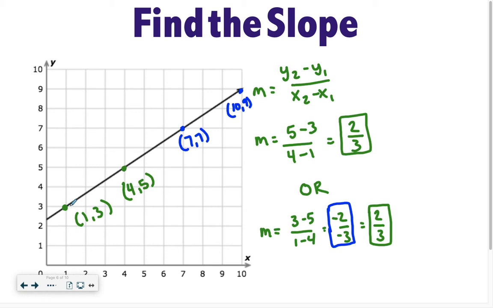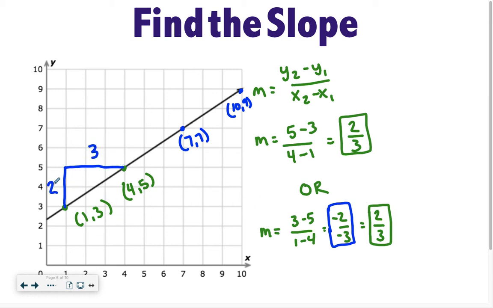One last thing I'll say about a graph problem like this is another way you can solve it is once you have your two dots, you can say, how far up do I have to go? I have to go up one box, I have to go up two boxes in order to be on the same level as the next point. And then I have to go right 1, 2, 3 boxes.